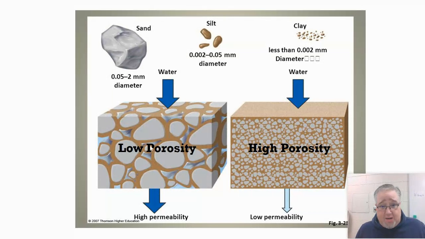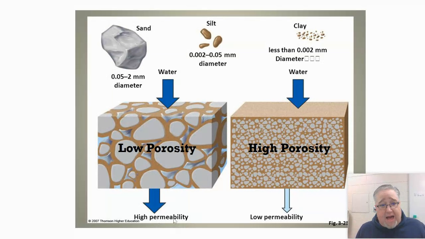The sand particles are much larger, and the clay particles are much smaller. So in the sand, if we poured water into this soil, that water would very easily percolate through the soil.